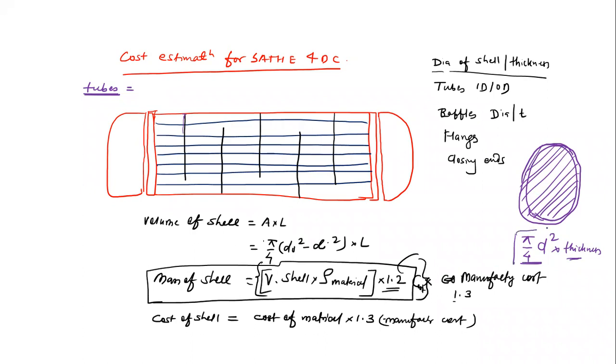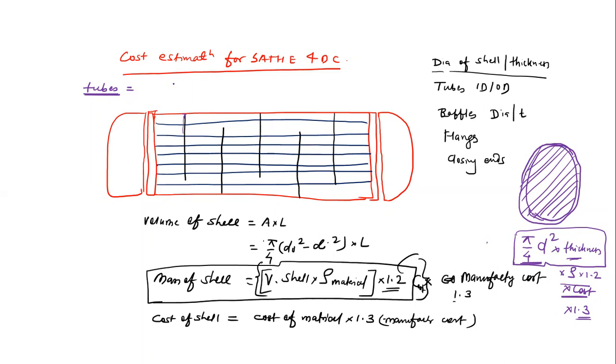This becomes the volume of one baffle plate, into density of material, into 1.2 times for the material going into waste, this into the cost per kg is going to give you total cost, into 30% manufacturing cost. Your total cost of one flange. We know the number of flanges, sorry, number of baffles. We can find out the total cost going into baffles.